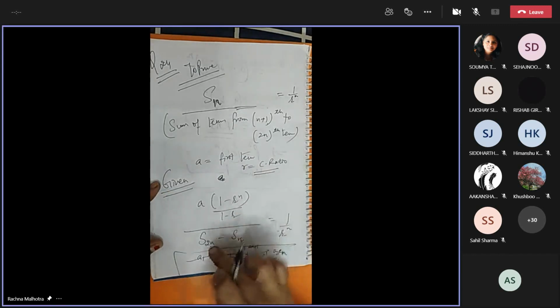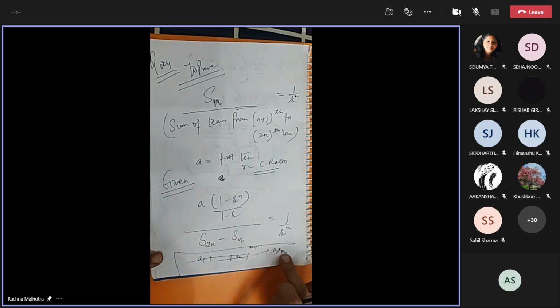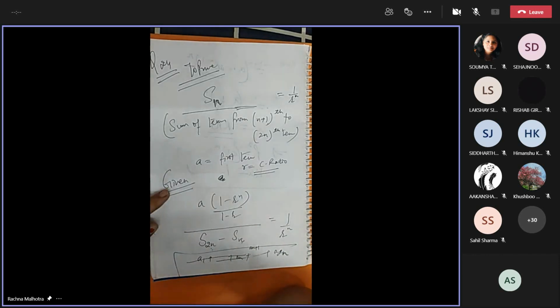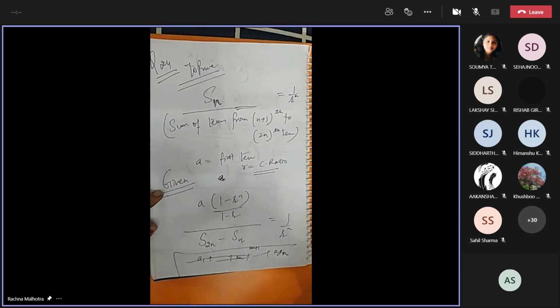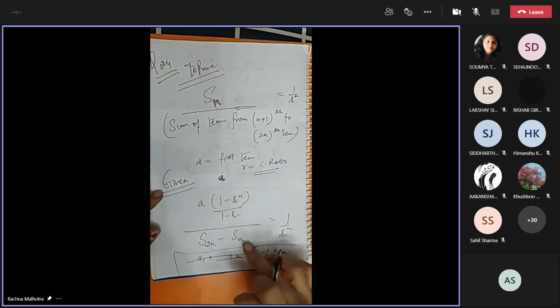If I remove the sum of n terms from S2n, I will get the sum of terms that begin from n plus 1 and terminate at 2n. Understood or not? Understood, ma'am. So we can put our S2n and Sn and solve it easily.